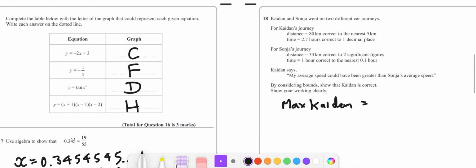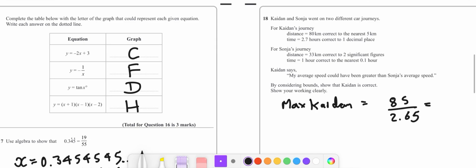So the maximum for Kaiden: the speed is distance over time. So we want the maximum distance, so it could have been 85, over the minimum time, so that could be 2.65, because that's correct to 1 decimal place.